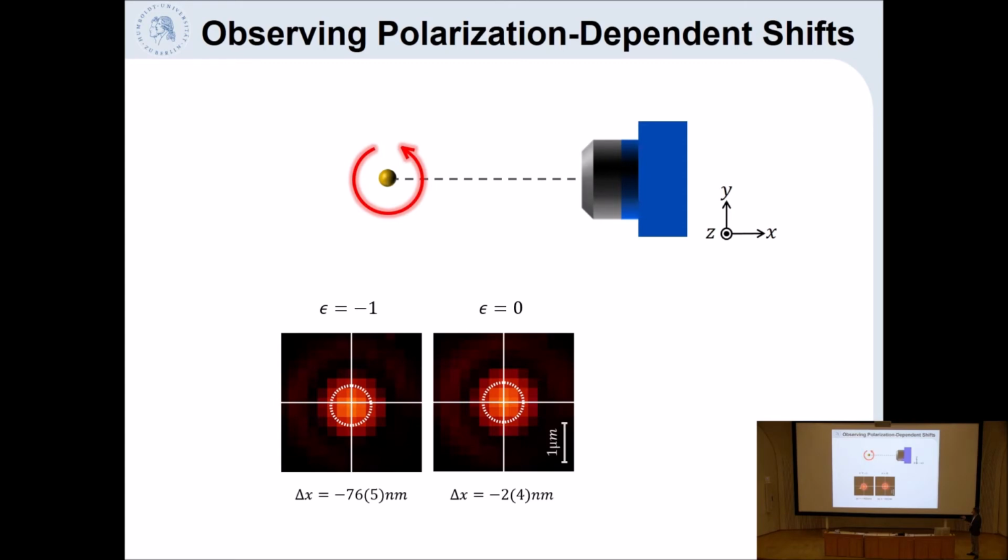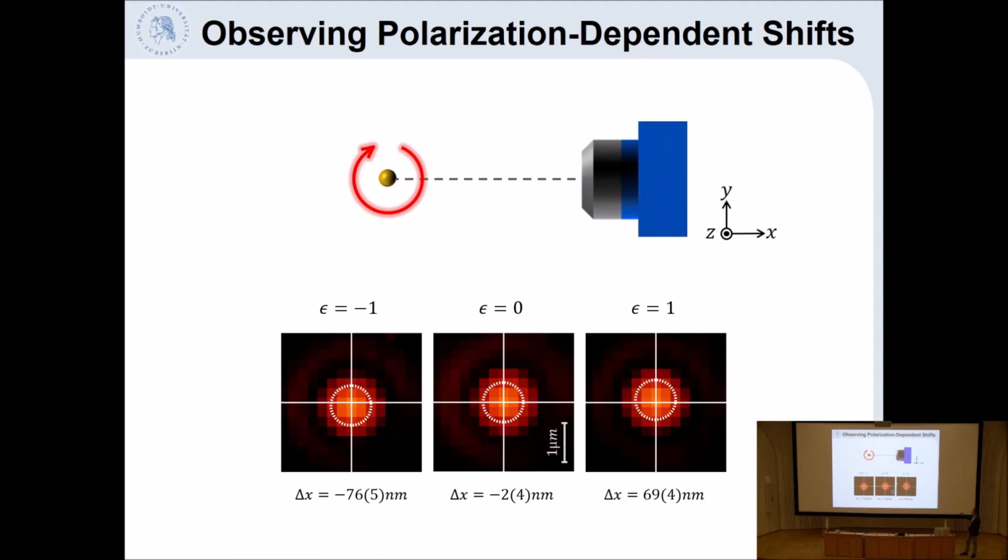And then indeed we see, and you even see it with your eye, if you look at the point spread function here, that it's shifted with respect to its initial position, and if you fit it, then you see that it is shifted by about 80 nanometers, okay? And if you now change the sense of rotation of the field from counterclockwise to clockwise, you see that it's shifted in the opposite direction again by about 70 nanometers here, okay?